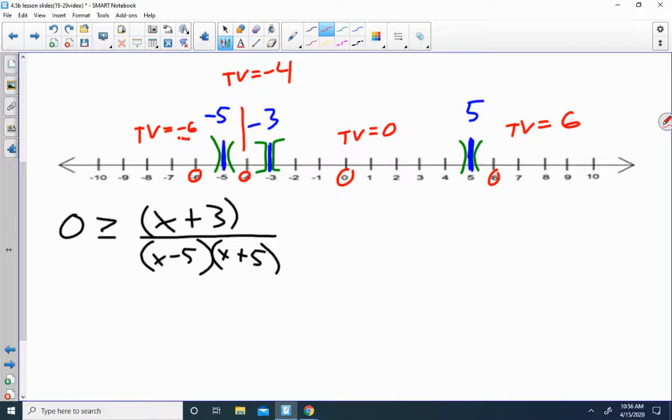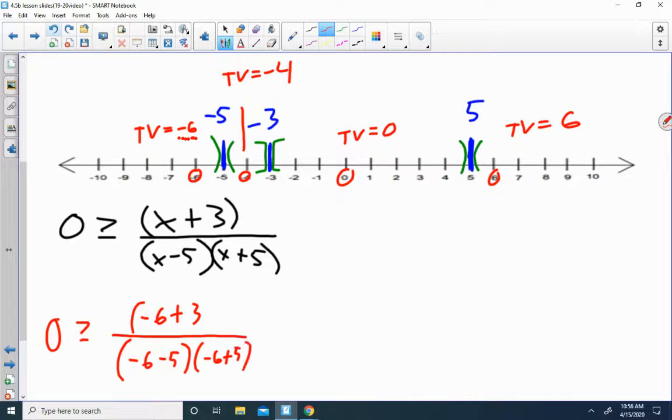The first value I'm going to plug in is -6 for the first interval. So 0 greater than or equal to (-6 plus 3) all over (-6 minus 5)(-6 plus 5). Go from there.